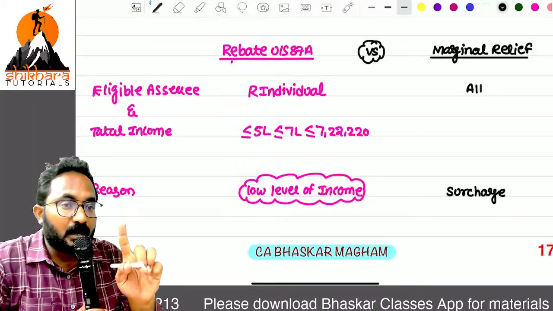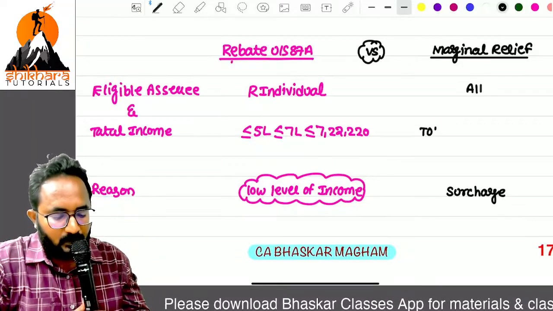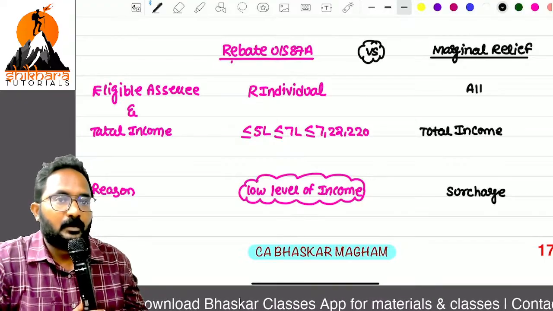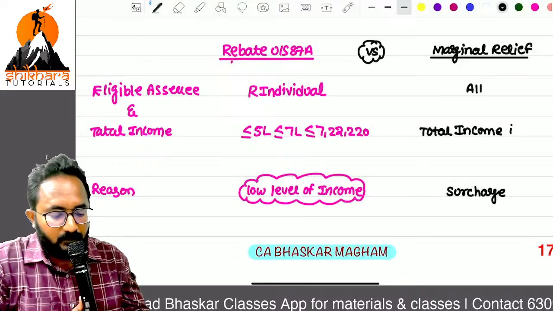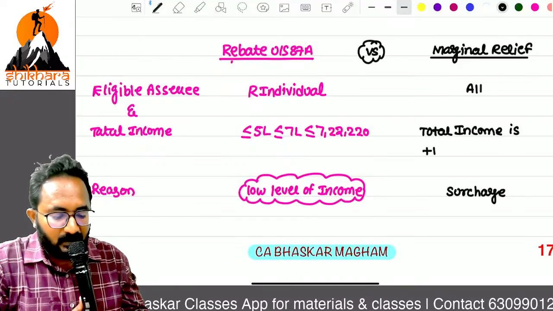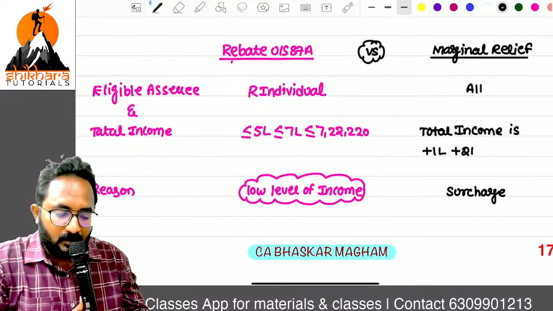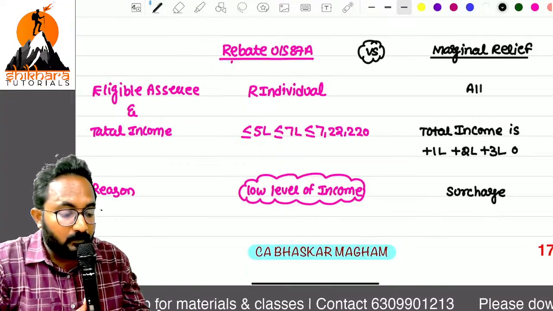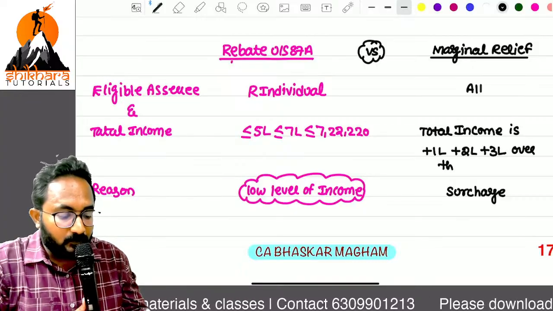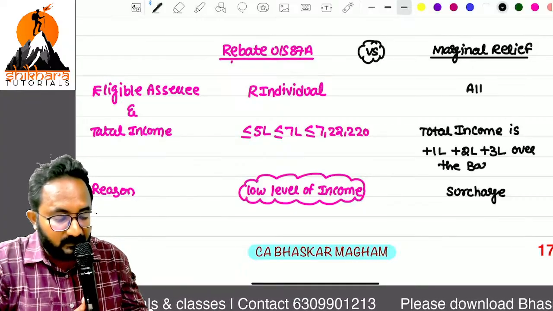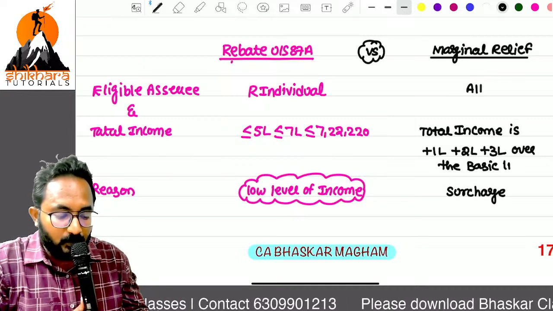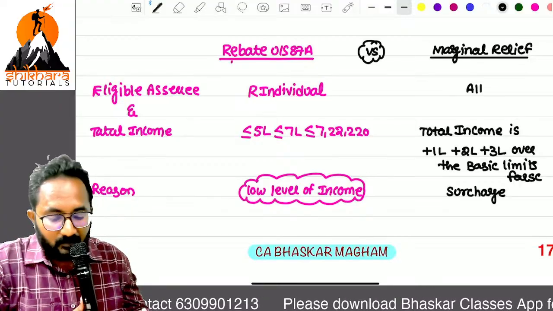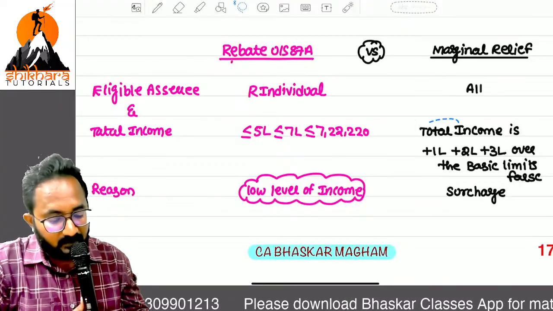I will tell you. If your total income is just plus 1 lakh or plus 2 lakh or plus 3 lakh over the basic limits for surcharge, then definitely you will get the marginal relief.